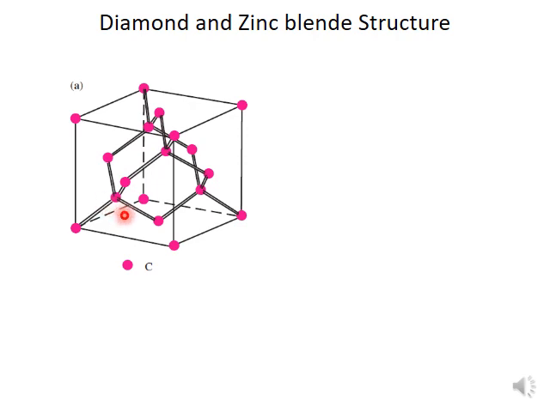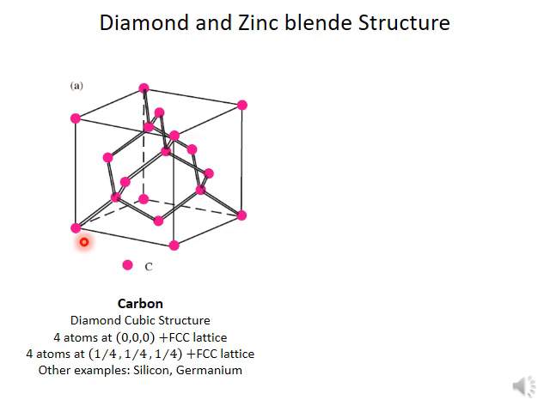inside. For example, you can see that there's an atom over here, an extra atom here, another one here, another one near this corner, and the other one near this corner. These extra carbon atoms in this FCC of carbon are located at a distance of a quarter, a quarter, and a quarter away from the reference points or lattice points.